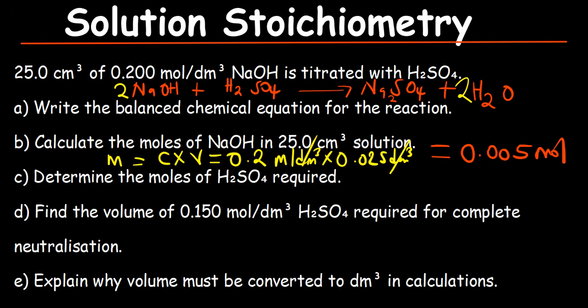Then C, we are told to determine the moles of sulfuric acid that is required. Every time we're talking about the moles, please go to the mole ratios, you check. So if you're going to look at sodium hydroxide, it has 2 there. However, if you're going to look at sulfuric acid, it is 1.